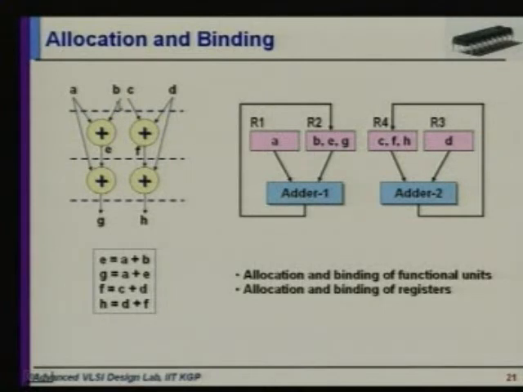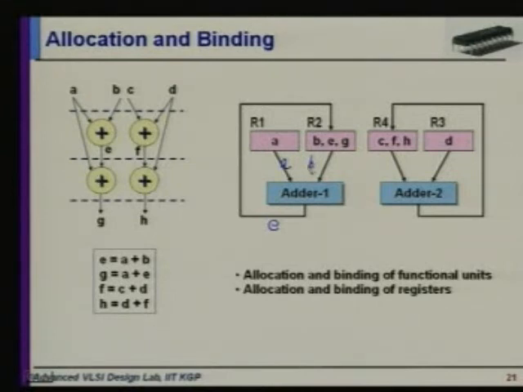In the first cycle I need B as the input, and E is going to come as the output. So in the first cycle I will have A here, I will have B here, E will come as an output here, and in the next clock pulse I can latch E into this register. I can do that because I don't need B anymore in the next cycle, so I can use the same register to store E. But I can't overwrite A because I need A in the next cycle.